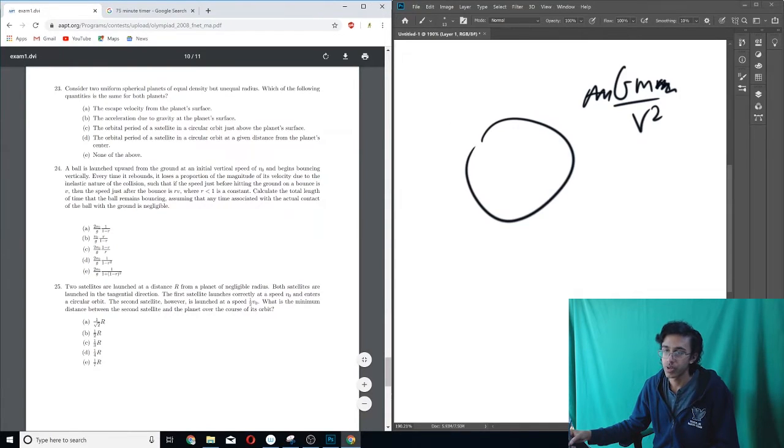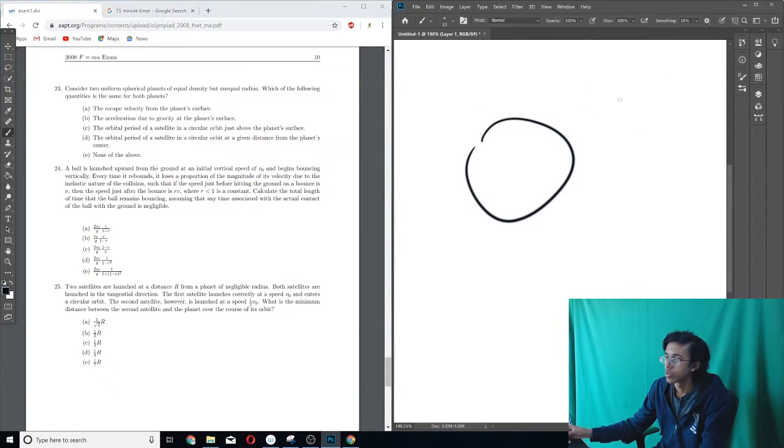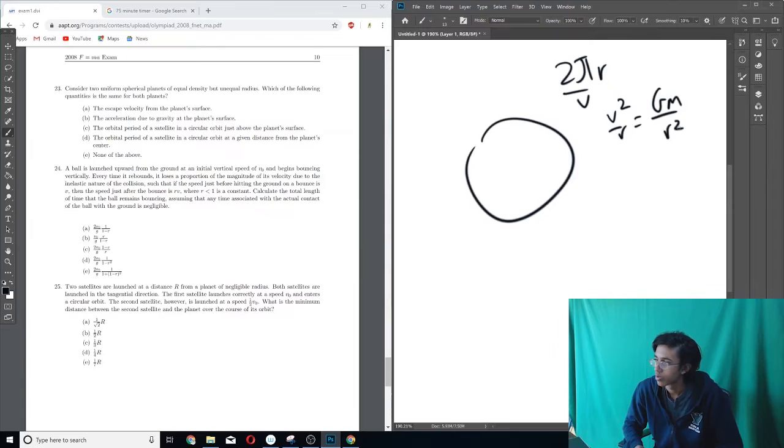And then orbital period of a satellite in circular orbit just above the planet's surface. Alright, let's see. To find the period, your period is basically going to be 2 pi r over v, but you can find v using the equation v squared over r is equal to GM over r squared. Okay, so if we multiply by r here, we can replace M with r cubed, right? That just makes it simpler to understand.